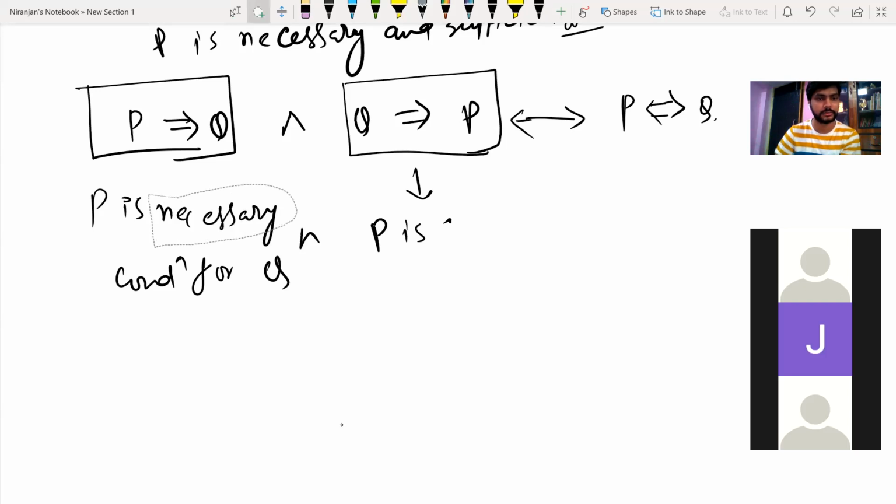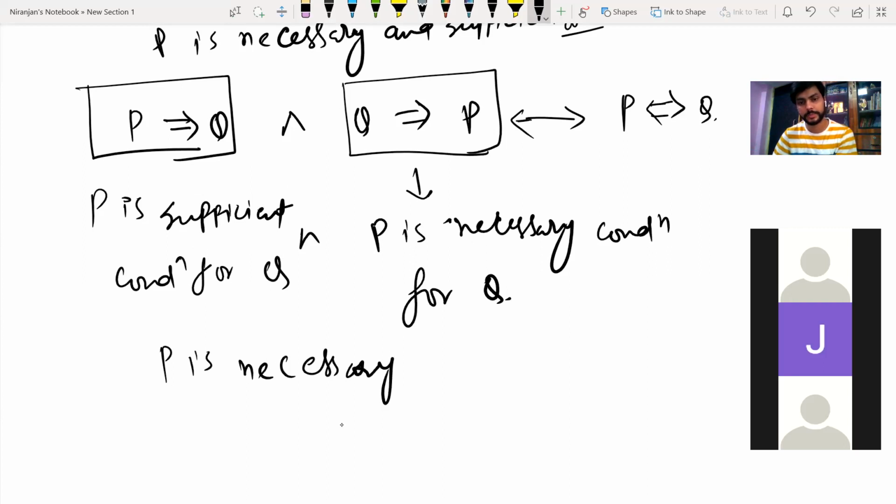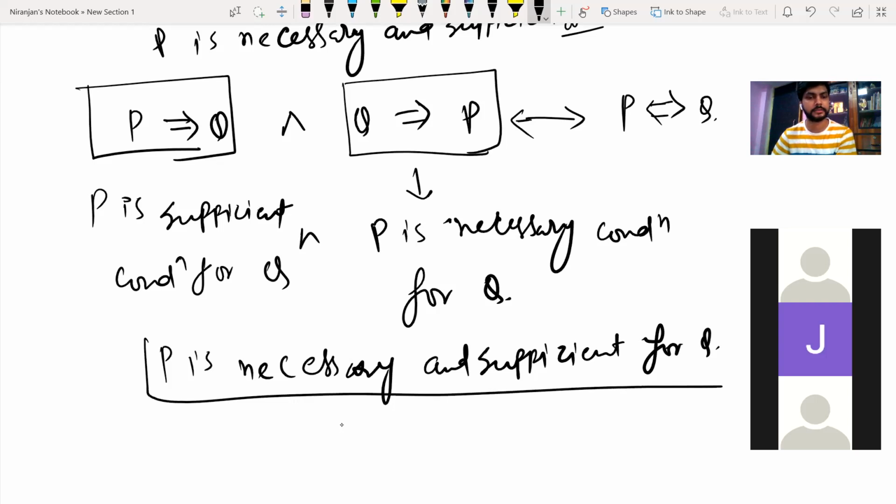I wrote the opposite. P is sufficient condition for Q and P is necessary condition for Q. So when you combine them, you get P is necessary and sufficient for Q, for both ways implication. So this is the result you get, guys.